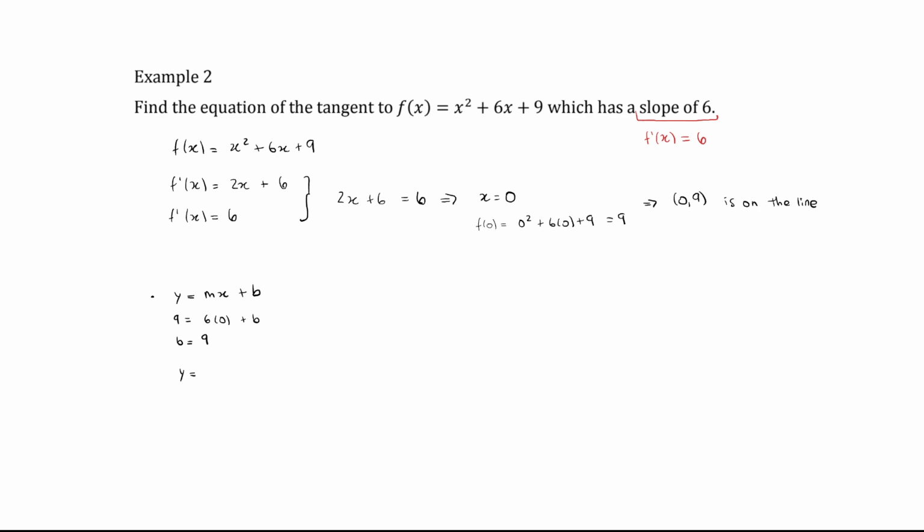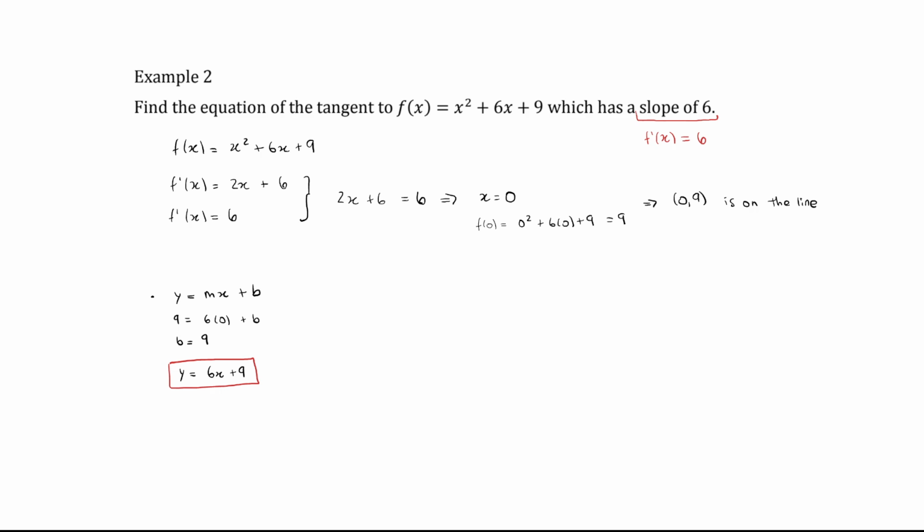I'm going to have the equation y is equal to 6x plus 9. And this is the equation of the tangent line in the y is equal to mx plus b form, or in the slope-intercept form. In standard form, in this case, I don't have any fractions.